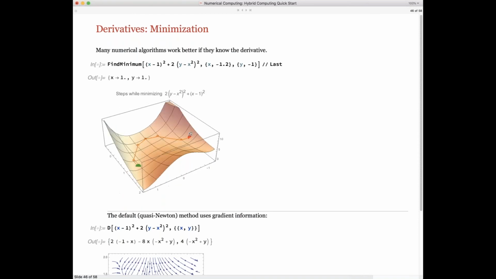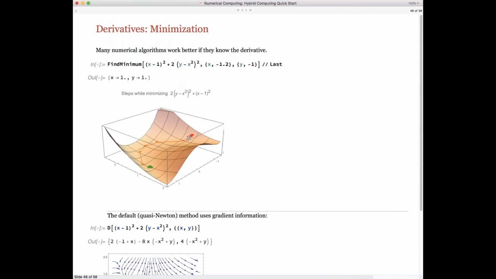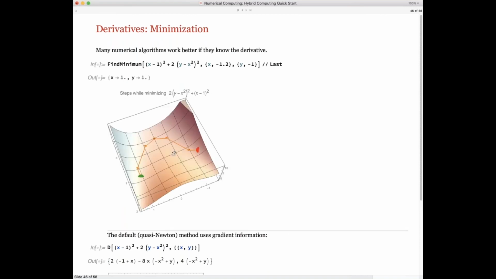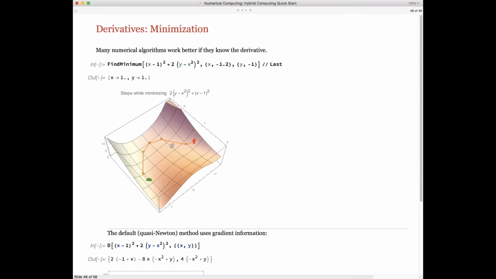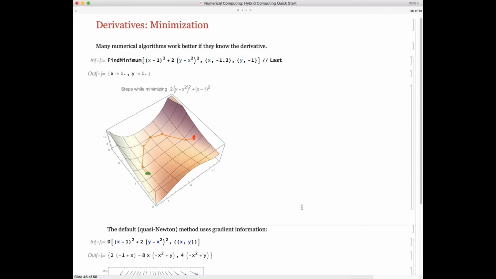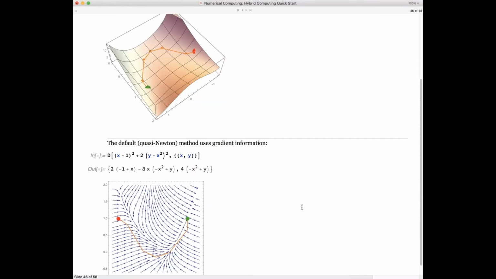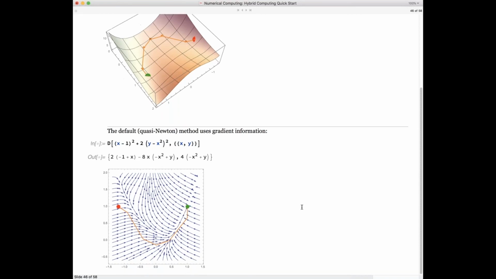And the derivative tells you which way is downhill. In this particular example, Mathematica applies a quasi-Newton method that takes advantage of the gradient of the objective function. The gradient is easily and automatically computed from the symbolic structure of the input using the Mathematica function D.